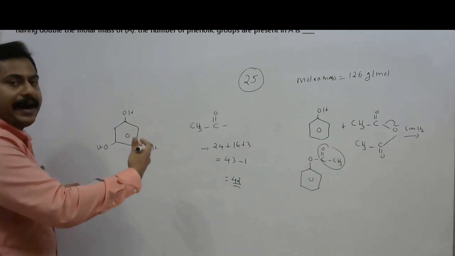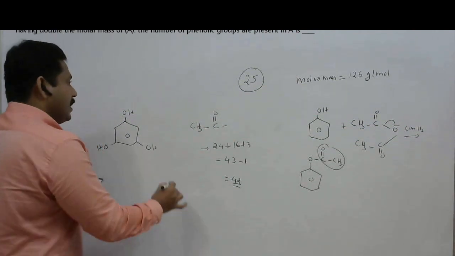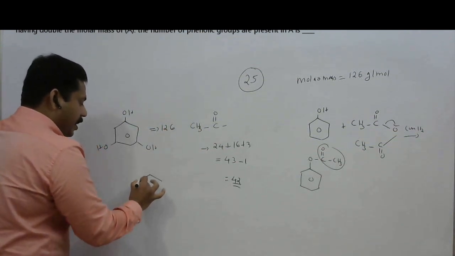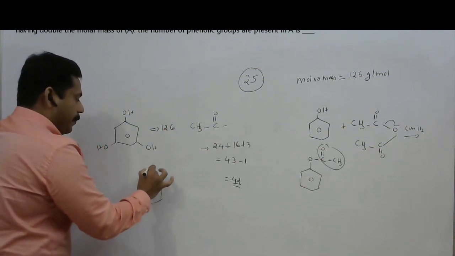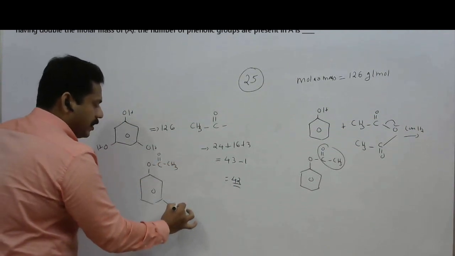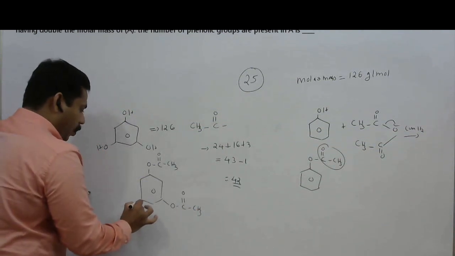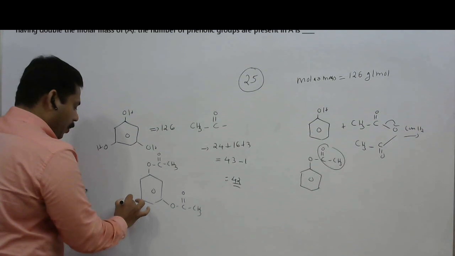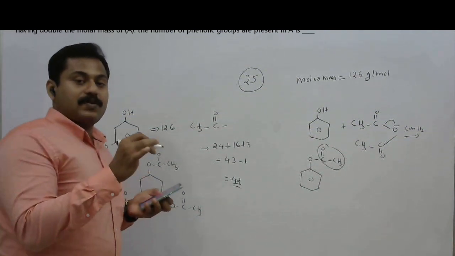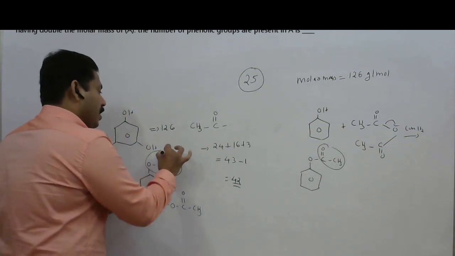Whenever I add acetic anhydride in presence of concentrated H2SO4, suppose this molar mass is 126, these 3 hydrogens will be replaced by the COCH3 group, three times. So when I introduce one COCH3 group, its molar mass will be increased by 42.